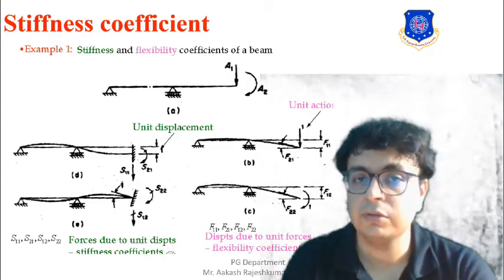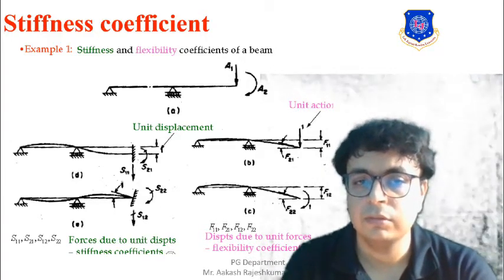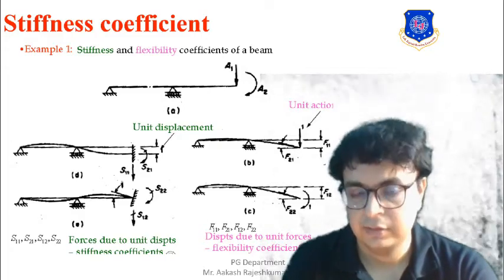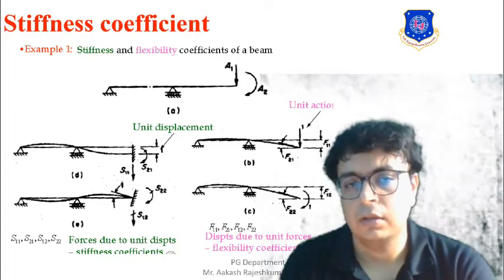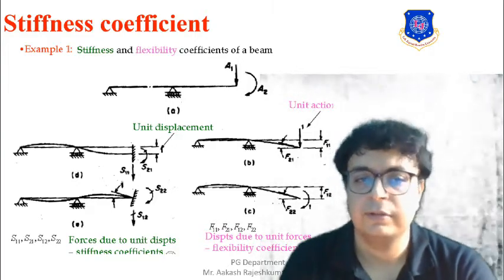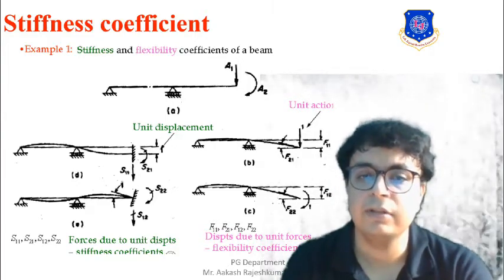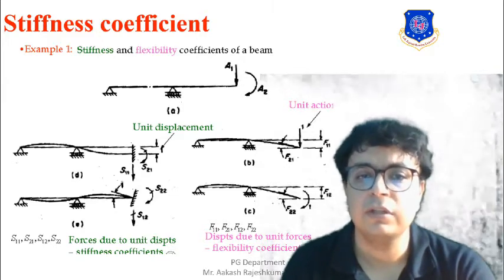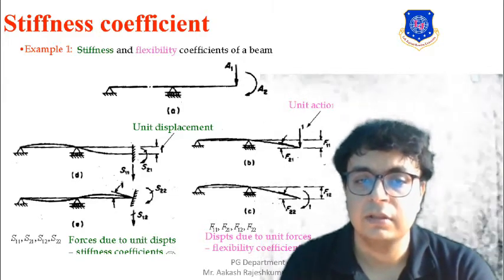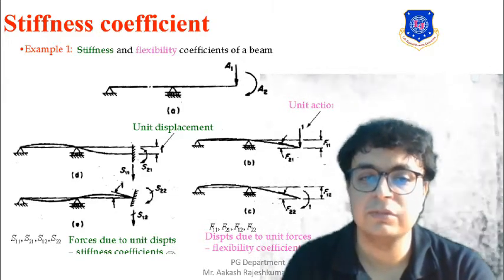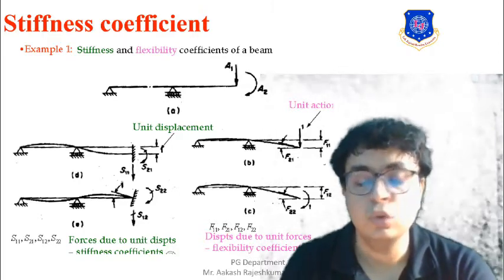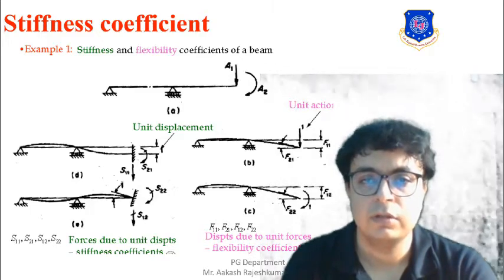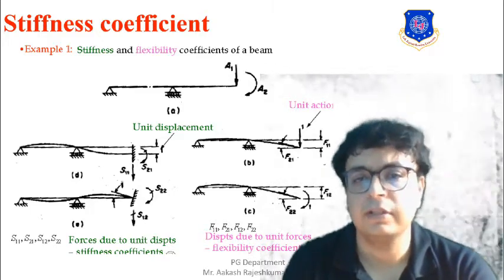The rotation because of the unit load will be S21, means the displacement at 2 due to unit load at 1. Okay. Now, when we are applying the unit rotation at the free joint, the rotation that is taking place will be S22. That is nothing but the deformation at 2 because of the moment at 2.